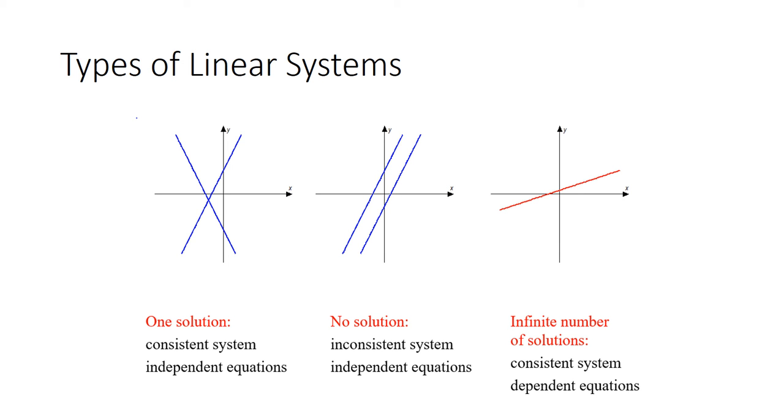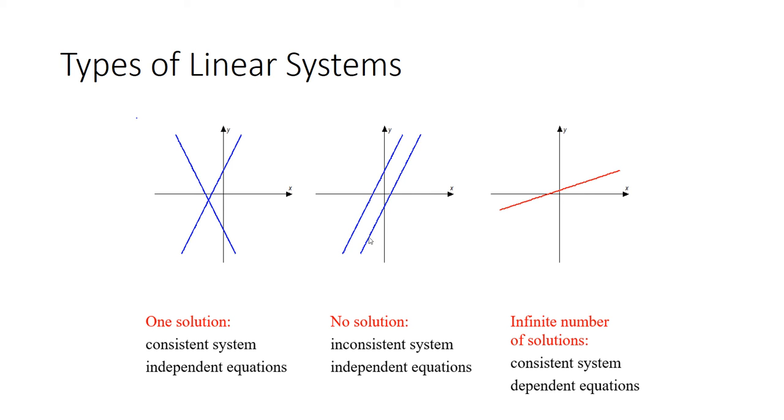So why do we do this? Well, we just need to identify them one way or another, and this is what the mathematicians who have come before me have decided these systems will be classified as. So this is consistent due to the solution. It is independent because the lines are different from one another.